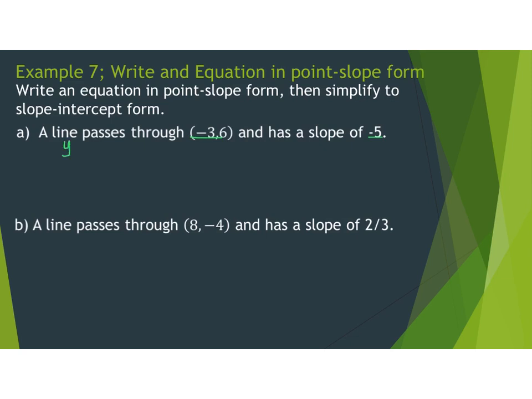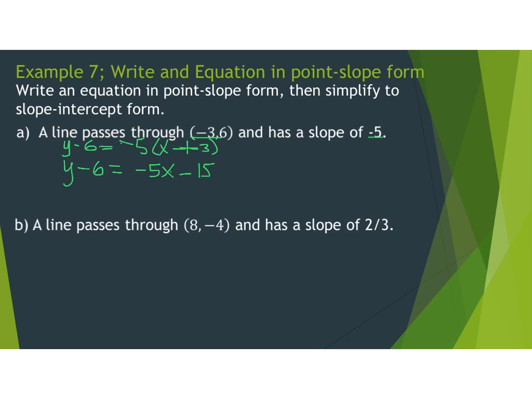So y minus y1 equals my m, which is negative 5, times x minus my x1, which is negative 3. And then simplify: y minus 6 equals negative 5 times x plus 3, a double negative that makes it positive, so negative 5 times a positive 3 is negative 15.